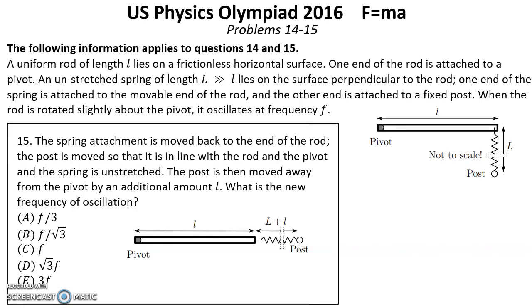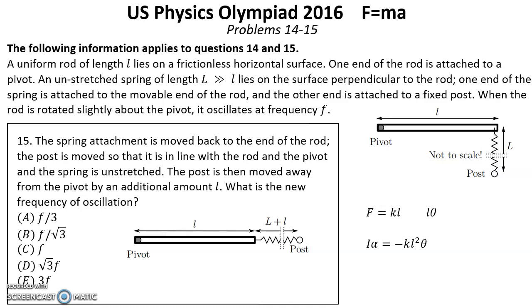Because we have an initial extension of this spring equal to L, we can assume that the force from the spring will be constant, because the enlargement is very small compared to the length L. So the force equals just kL, and the lever arm equals L theta, because small l is much less than big L. And finally we have this equation for rotational motion: I alpha equals negative k L squared theta.